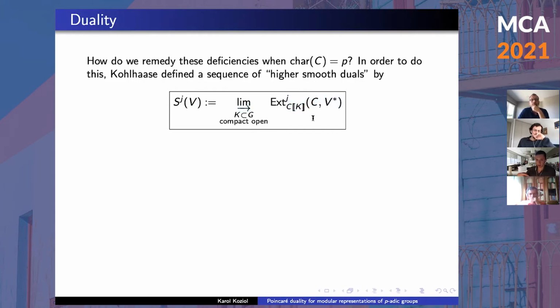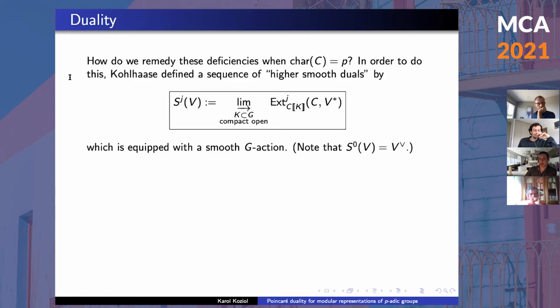And the appropriate analog of a union is taking a direct limit. This thing ends up being equipped with a smooth G action. Okay? So I've taken my representation V and produced another smooth representation out of it.